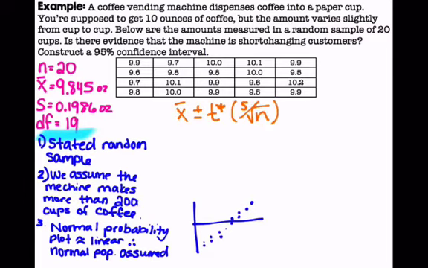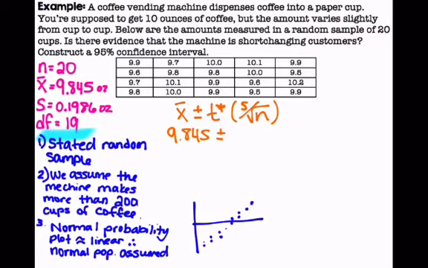Now I'm going to do an interval, so my process is x-bar plus or minus t star times s over the square root of n. So x-bar is 9.845 plus or minus t star. I'm going to do inverse t, so I'm going to go second vars, that will bring me to my distributions. I'm going to go to inverse t.